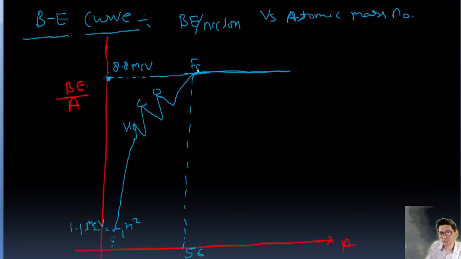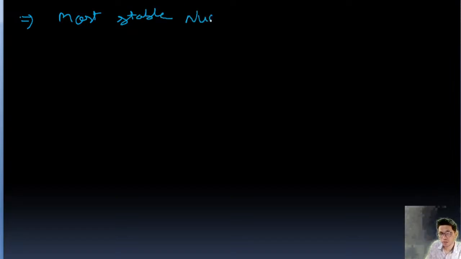Next, the most stable nucleus. Because the binding energy per nucleon is maximum for Fe, it means Fe is the most stable nucleus, guys.